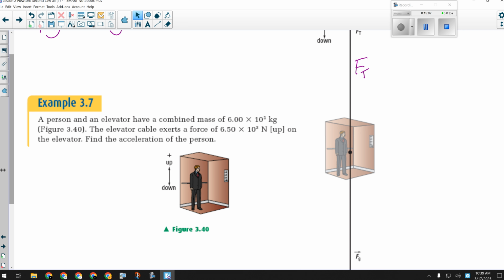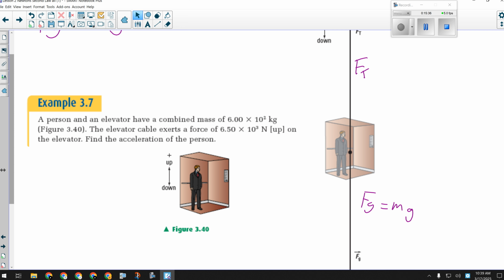It's still an upward force. The downward force is always the force of gravity. So classic elevator problem, there's a force up, there's a force down. The force down is always going to be the force of gravity, and you always calculate it by taking mass and multiplying it by the acceleration due to gravity.